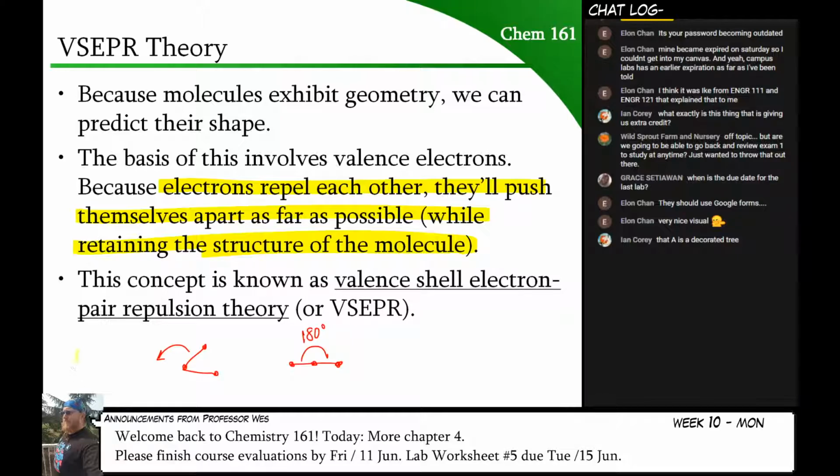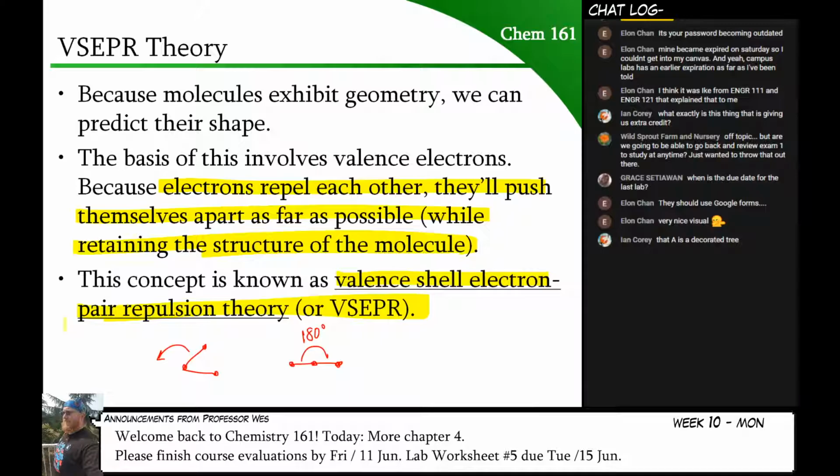So this is called VSEPR, or valence shell electron pair repulsion theory. Now, that sounds like a mouthful, but you actually know what all those words mean. Valence shell means we're only using electrons in the valence shell, in other words, the bonding electrons. Electron pair, well, all of our electrons are paired together, either as non-bonding pairs or as bonded pairs.